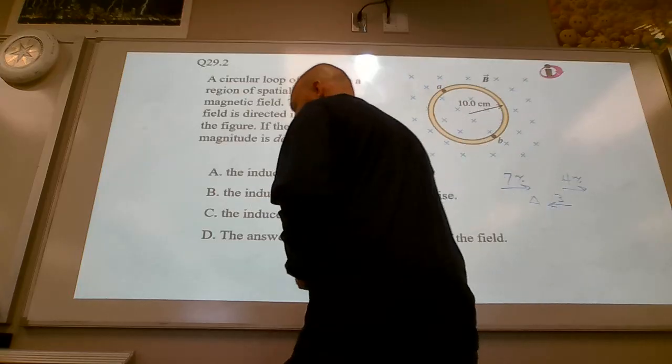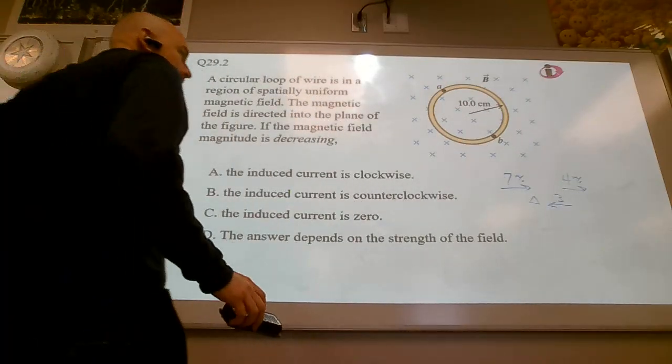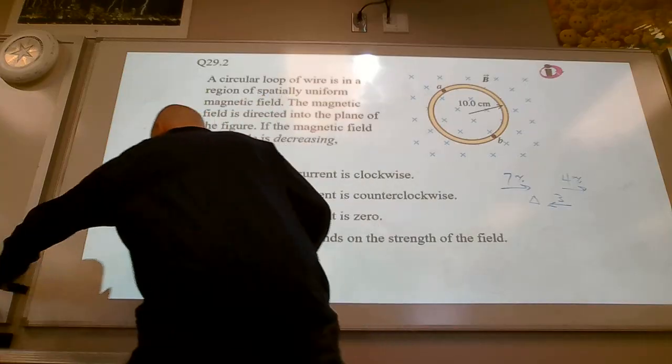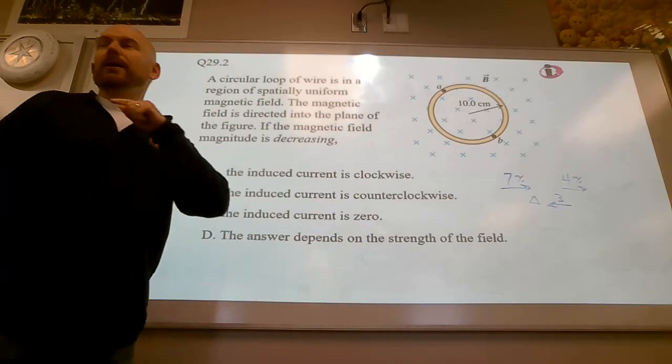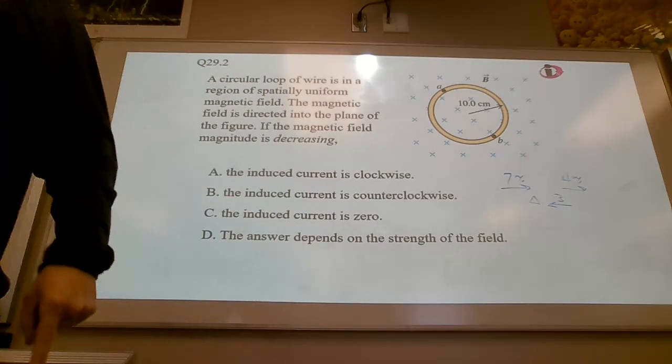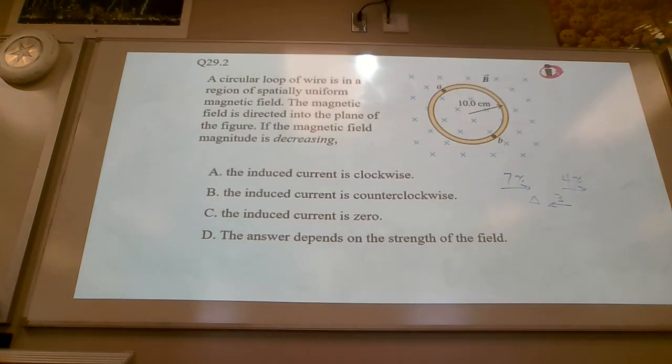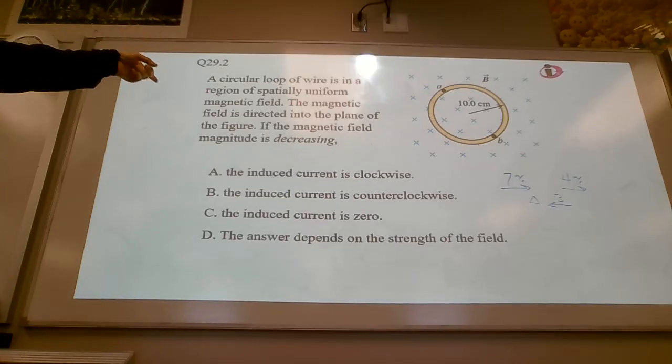Okay. So here's how you do these. Step one is you take your left hand and you stick it in the direction of the magnetic field. Okay? That is the direction of magnetic flux. That's your left hand. We're just using this as a place marker.